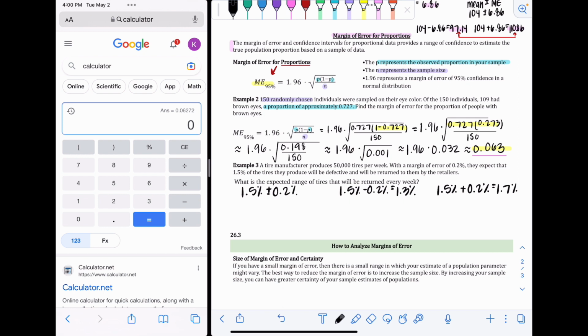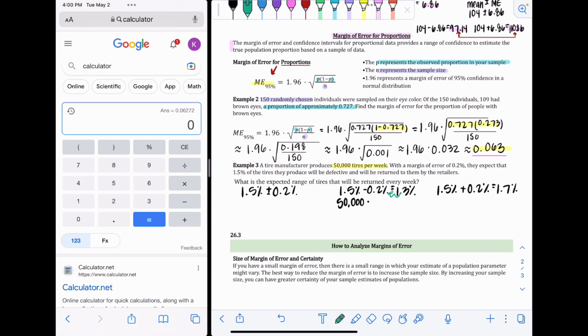And then if we want to find the actual quantity of tires that will be returned, it tells us at the very beginning of the problem that the manufacturer produces 50,000 tires per week. So we need to figure out what is 1.3% of 50,000 and what is 1.7% of 50,000. So to find that, I would do 50,000 times 1.3%, but I need to convert that to a decimal by moving the decimal place twice to the left.